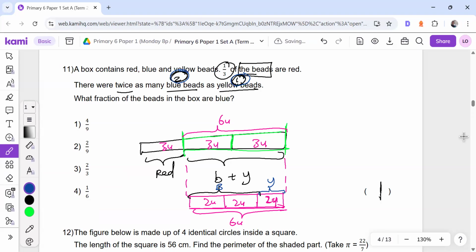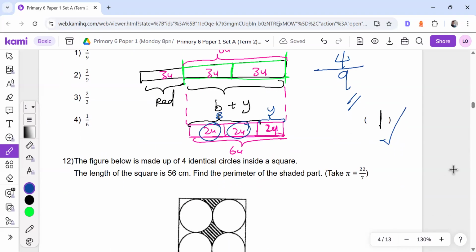Now after you draw the model, can you get the answer? What fraction of all the beads? 9 units is all the beads. Then blue got how many? 2 plus 2 units will be 4 units. So when you draw your model, you can actually do quite fast, without many steps. So my answer is number 1. Got it? That's how you do well, that's how you think less.